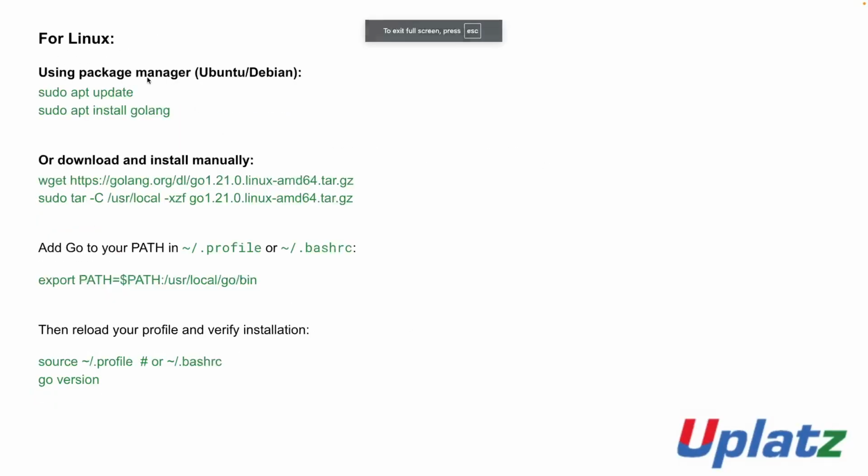For Linux, using a package manager on Ubuntu or Debian: sudo apt update, then sudo apt install golang, or download and install manually with these commands, and add Go to your path in the .profile or .zshrc file in your home folder. export PATH=$PATH:/usr/local/go/bin.